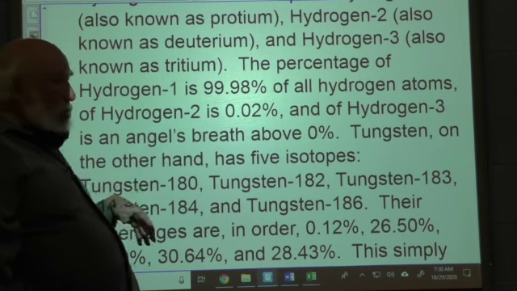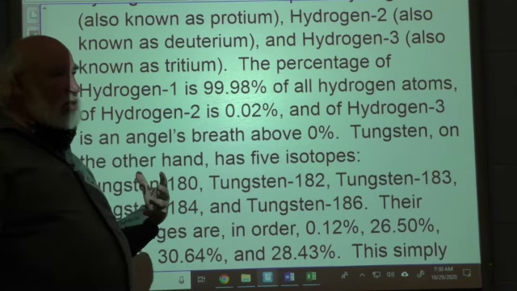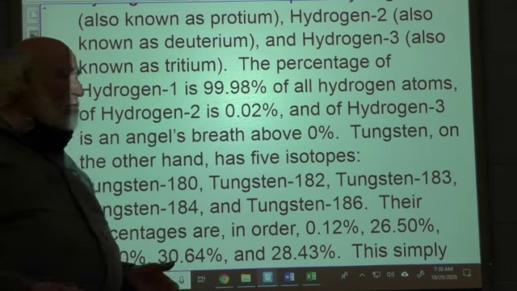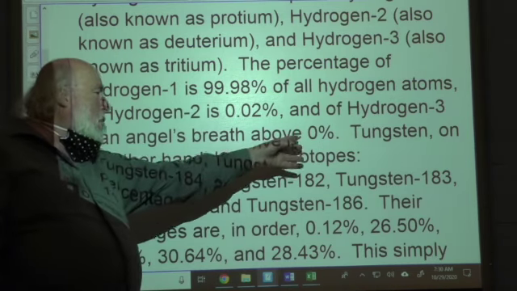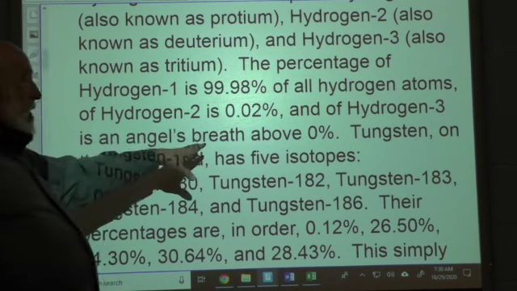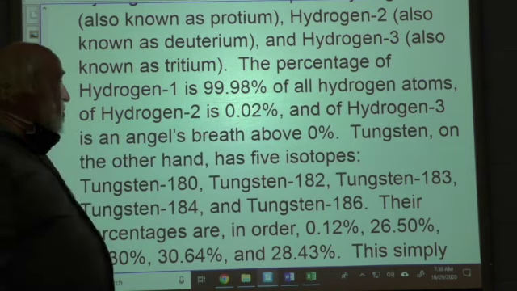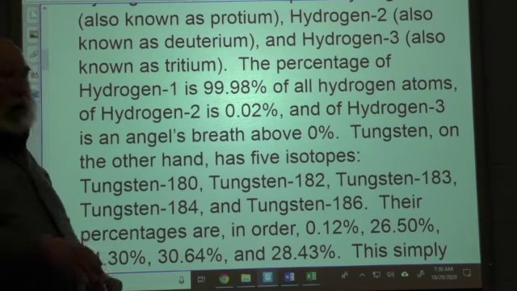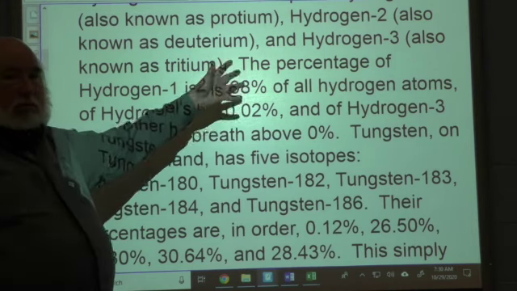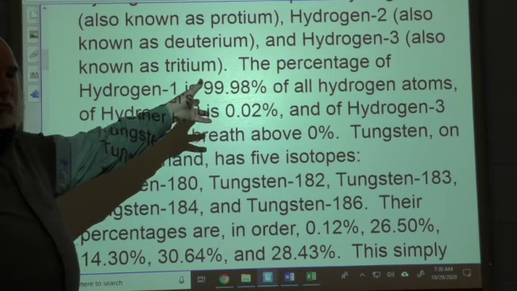So hydrogen 3, which does exist, it's not synthetic, it is a naturally occurring substance, but this quantity is so small that it's barely above 0%. I call it an angel's breath above 0%. All right, and hydrogen, by the way, is the only one that has a name for its isotopes.